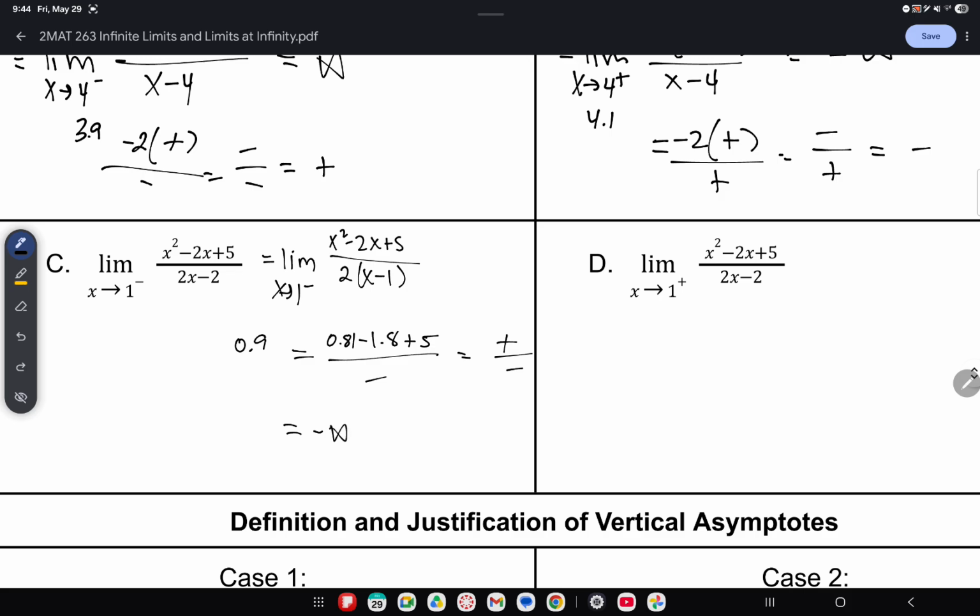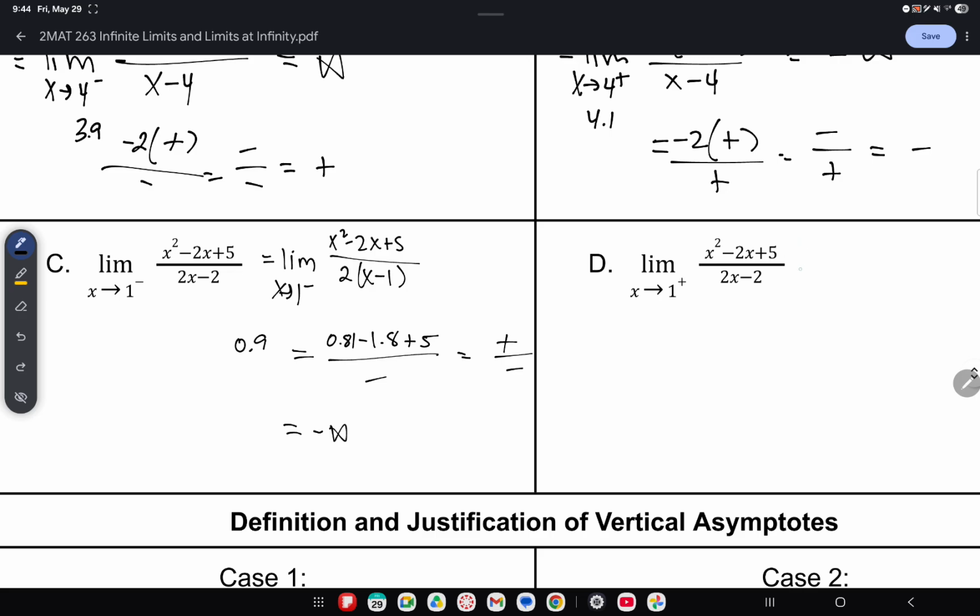And then with the behavior of vertical asymptotes, if the multiplicity of your factor is odd, then the function will approach the opposite infinity.